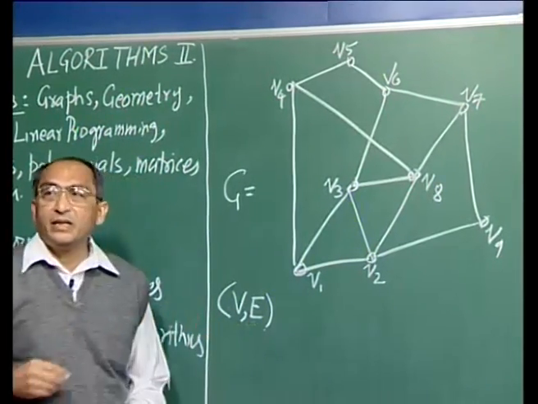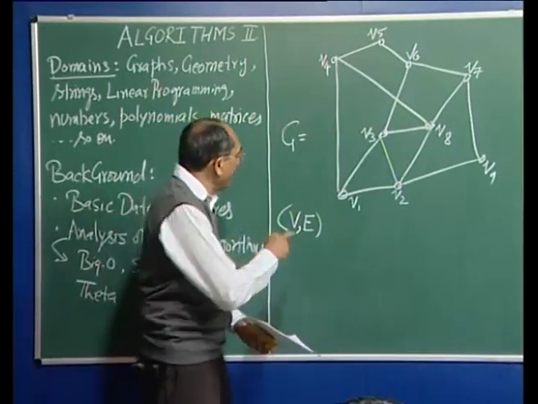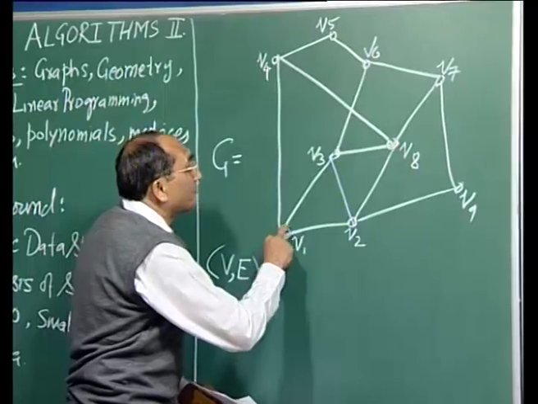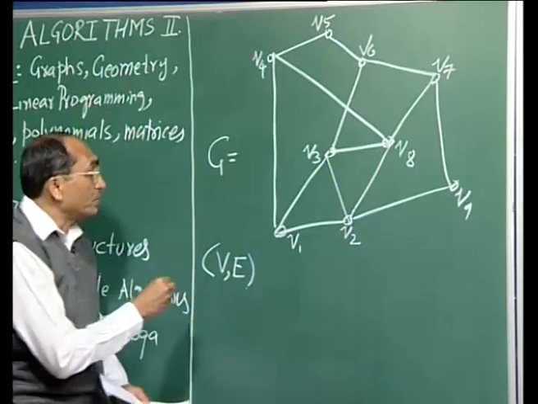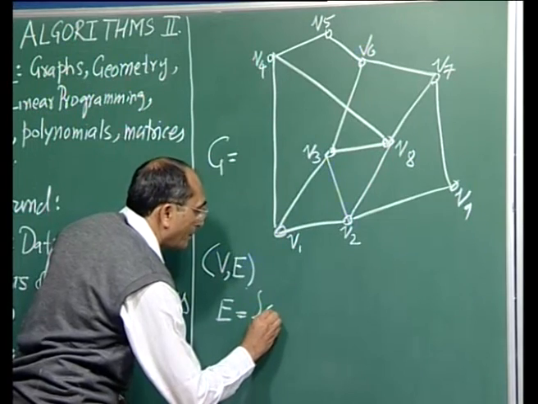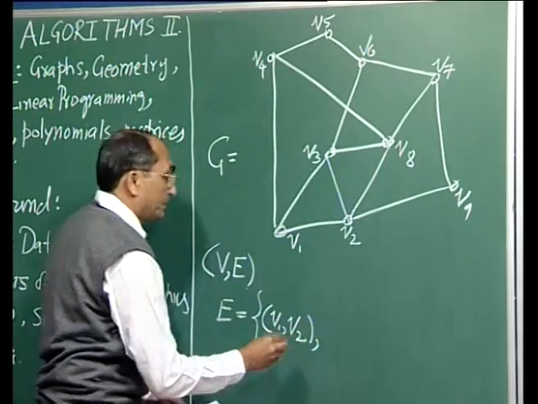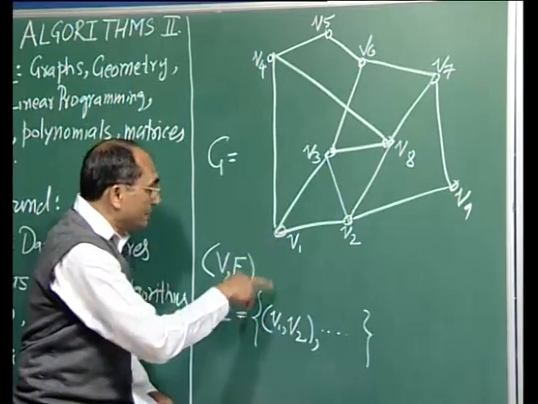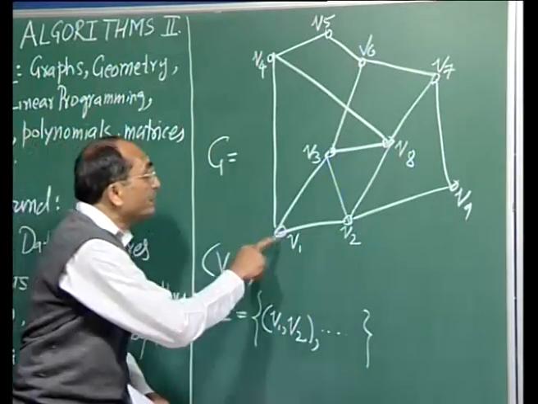The second set is called the set of edges, which is a set of two-element sets. So, a typical element in this graph is a subset of two elements, V1, V2. In representation, this subset of two elements is denoted by a line segment running between V1 and V2.